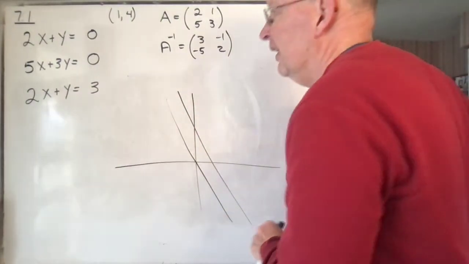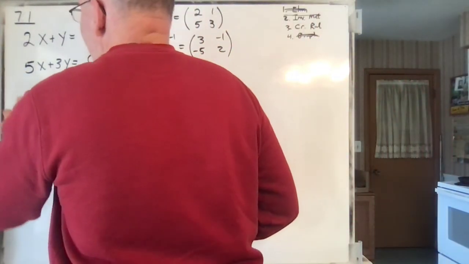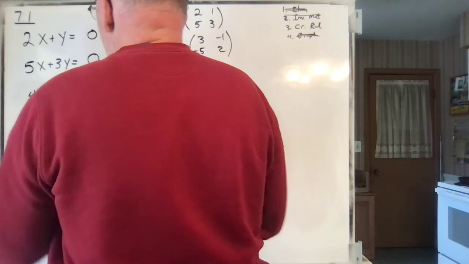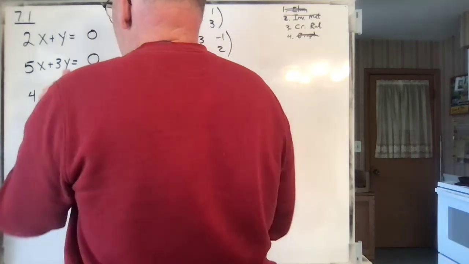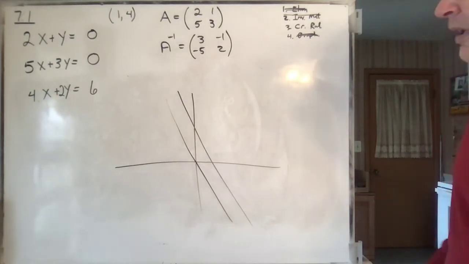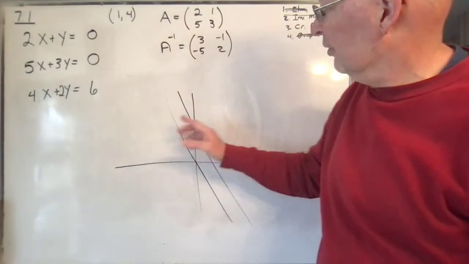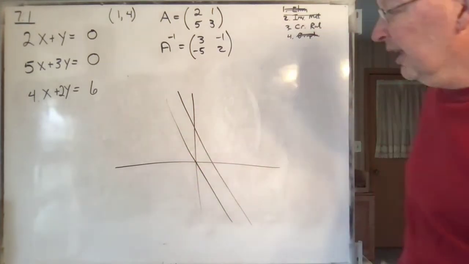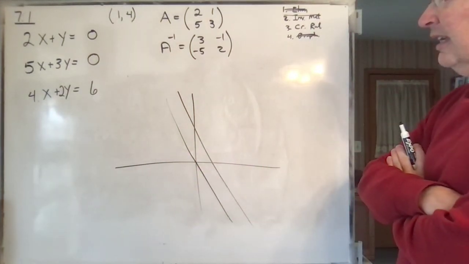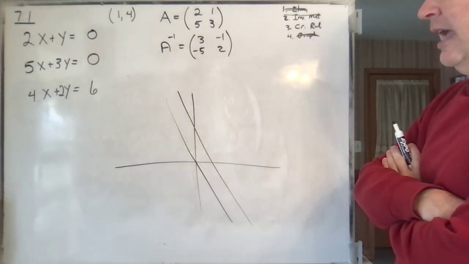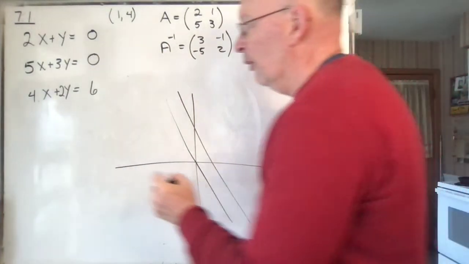If I wanted to, I could even make this look a little fancier here. I could make this 4 and make this 2 and make this 6, which is the same equation. I've just multiplied everything by 2, but you still have this line and this line. Okay, notice that they do not have a solution. And also, here's the thing I want you to see.